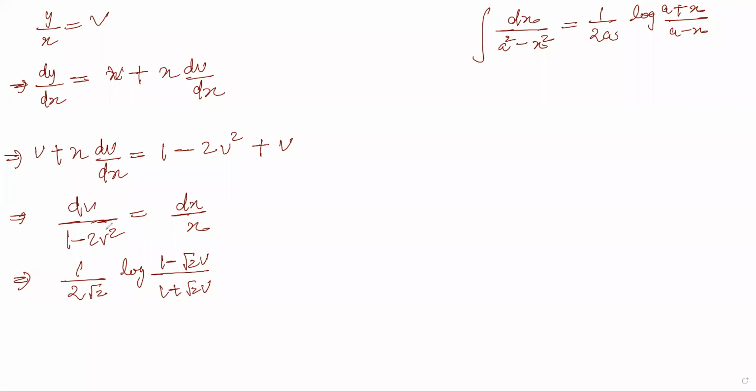So in place of x square, we got 2v square, hence root 2v whole square. So x is now replaced with root 2v, in which case we will divide the whole answer by root 2. Hence this root 2 becomes. And this will be equal to log x plus log c.